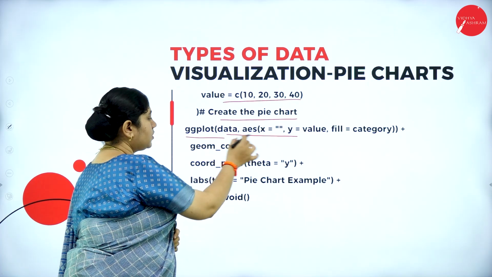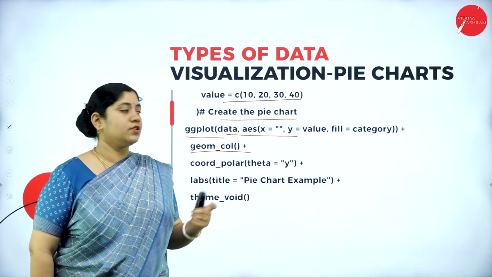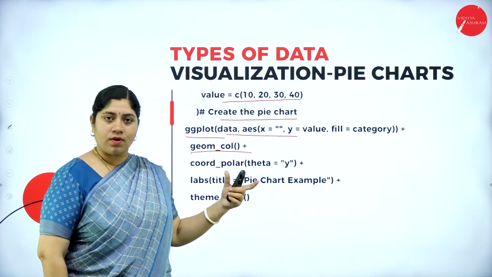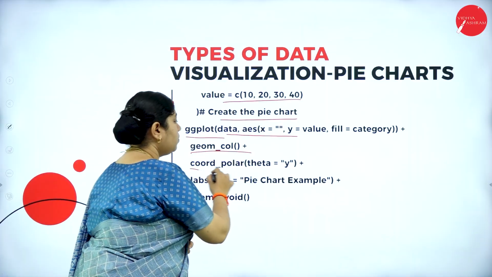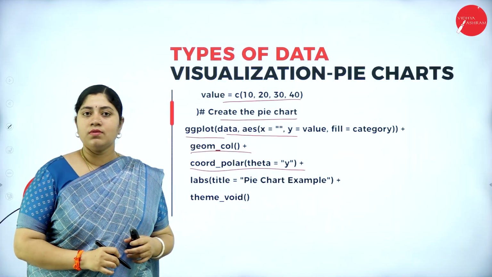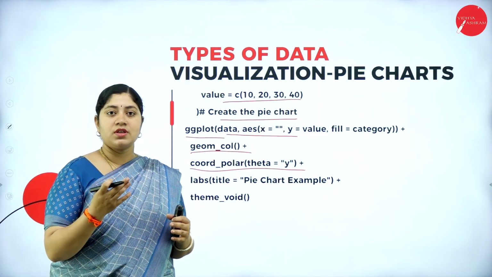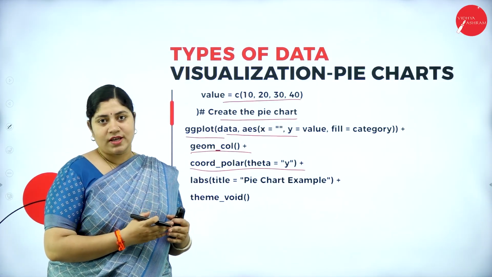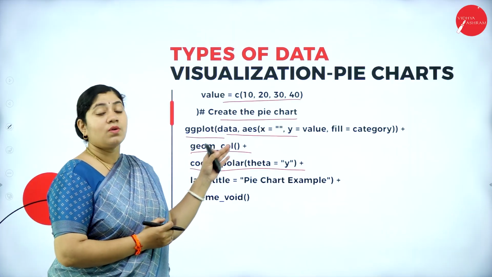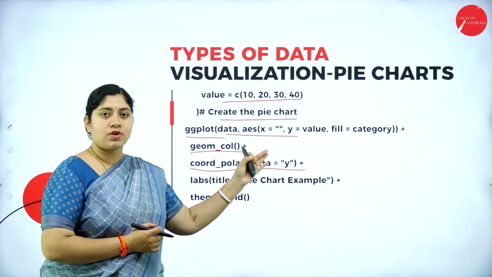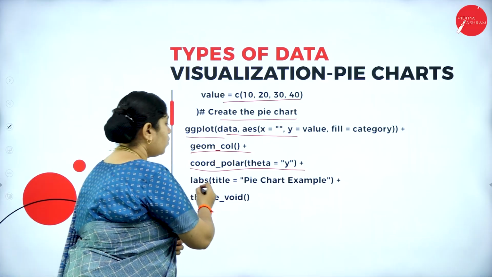So this is the thing, and then followed by the geometry of column, and we are adding a polar, that is a theta value, because as we can see the pie chart can also be represented in 3D forms as well, right? So for that we can also represent a theta value or a theta angle. Then what is the title?